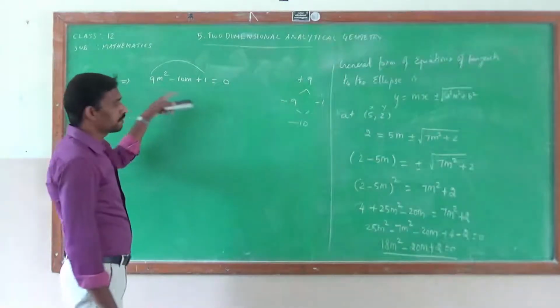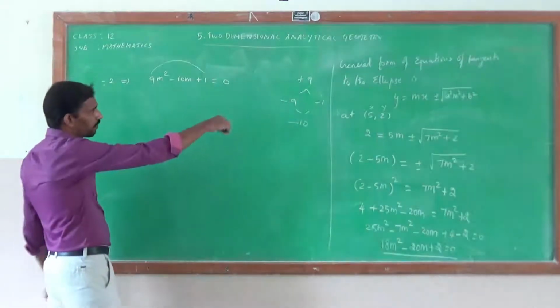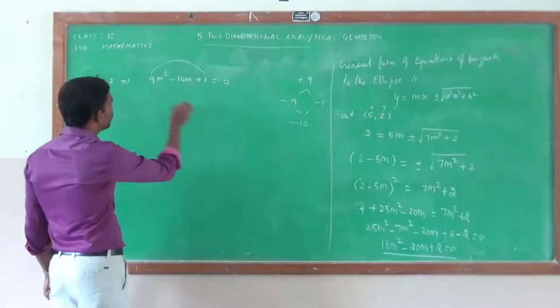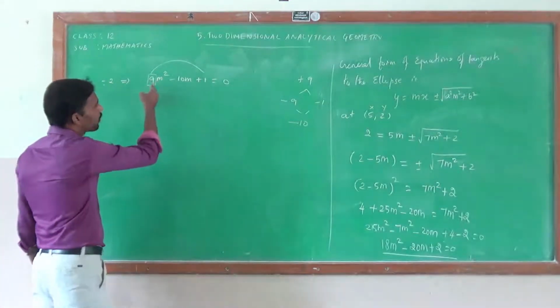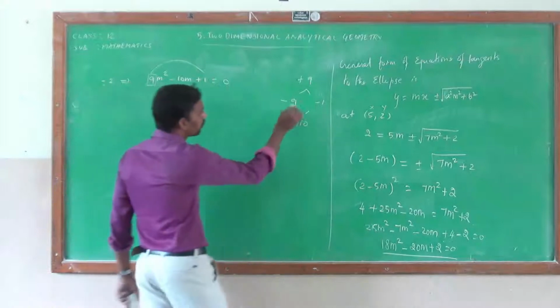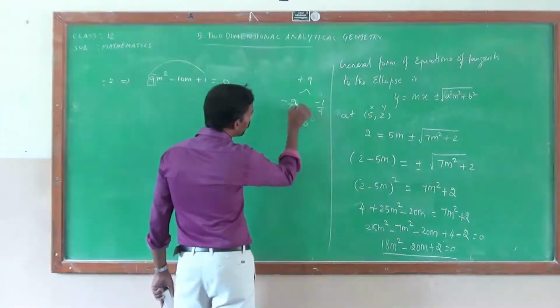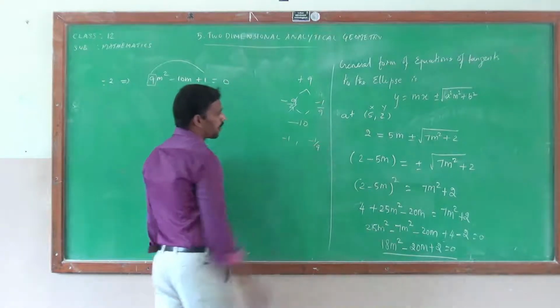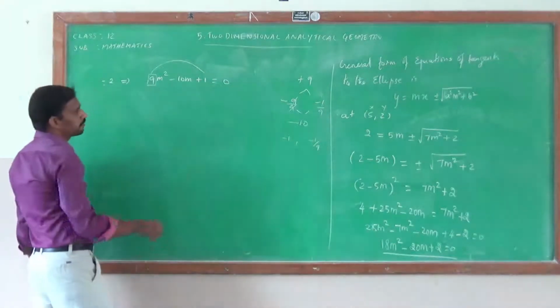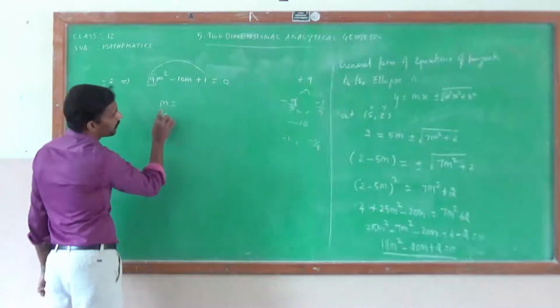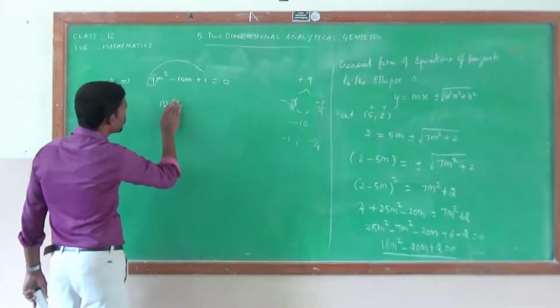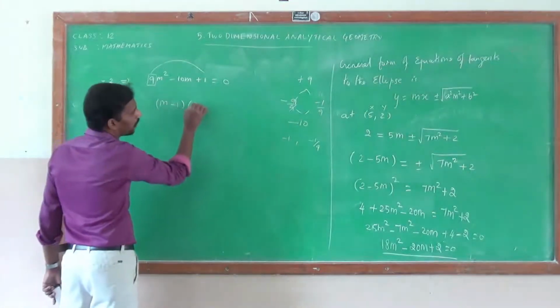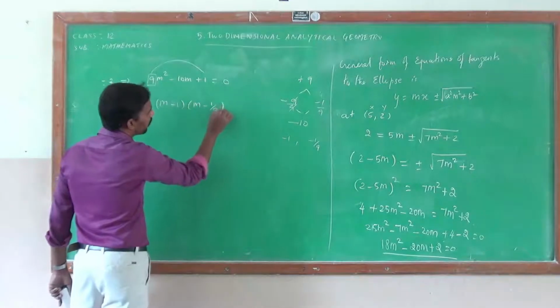You can find the answer directly. The coefficient of m square is 9, so divide by 9: the numbers are minus 1 and minus 1 by 9. So m minus 1 equal to 0 and m minus 1 by 9 equal to 0.